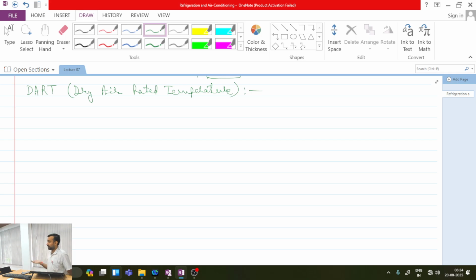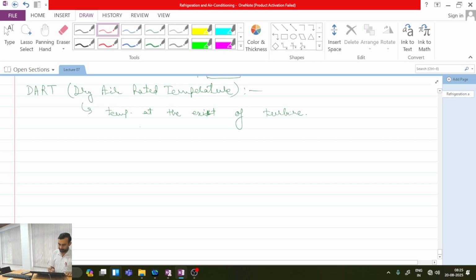Okay, so for relative comparison, some basis should be there. So that basis is actually dry air rated temperature. And what we defined this is nothing but the temperature at the exit of turbine.